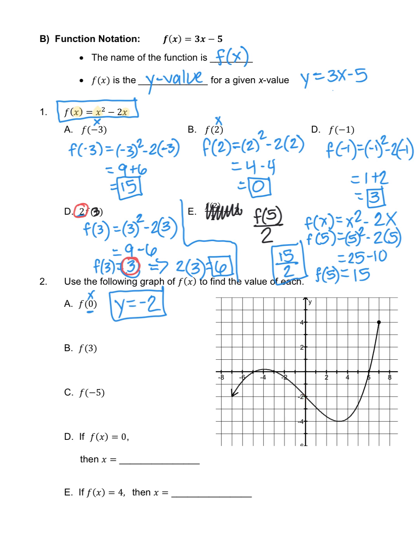Let's try that again. B, f of 3. Let's find where our x is 3, right here. Now let's go down to where our graph is. Y would be equal to -4. So let's write y equals -4.